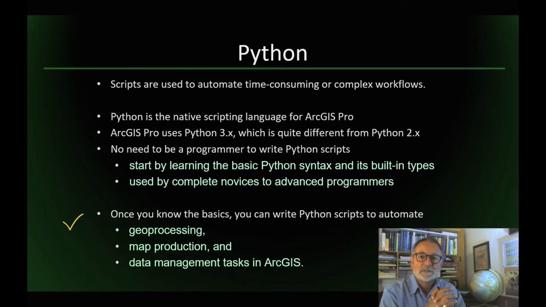And it was amazing how powerful that was and how relatively easy it was to develop that script. And then, of course, you can also do data management tasks in ArcGIS. You can set your workspace. You can change your environmental settings for a particular job. And so that all has to do with organizing things, and that's why Python is just so very powerful.